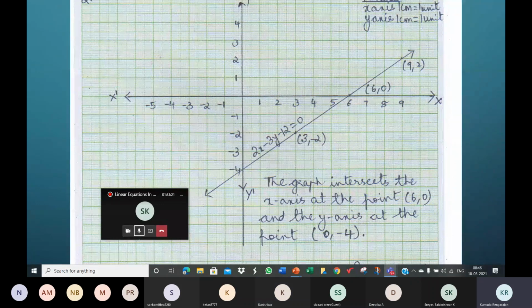Now, use x as 0 and find the corresponding value of y. You don't have to write x in terms of y or y in terms of x. Just write the equation 2x minus 3y minus 12 is equal to 0. Next line, in place of x, you say 0 and find the corresponding value of y.